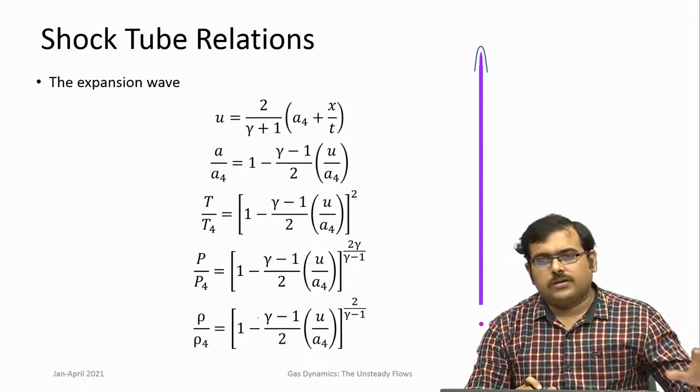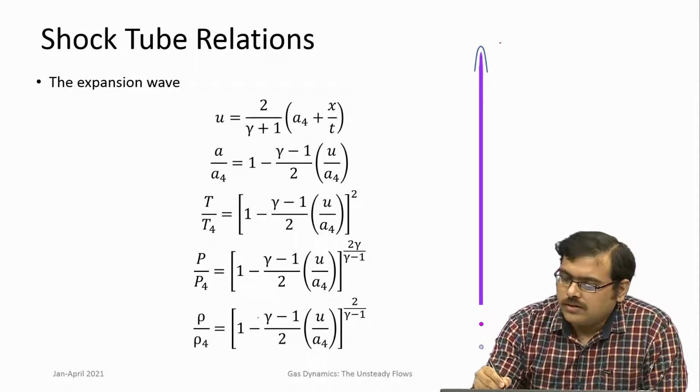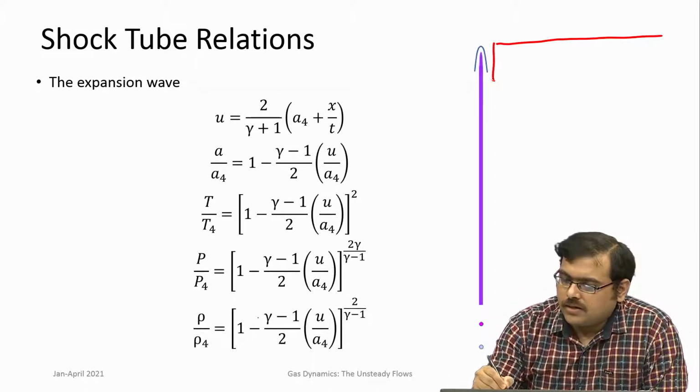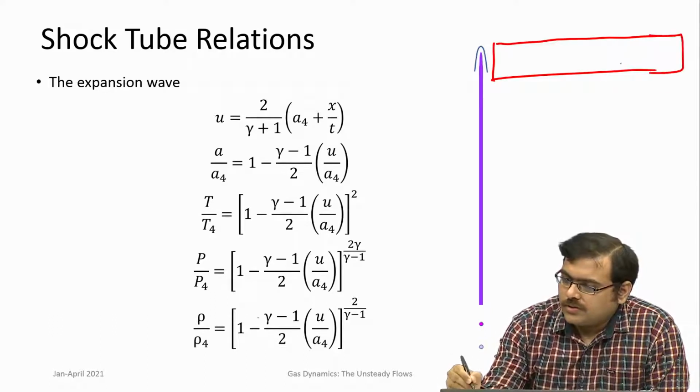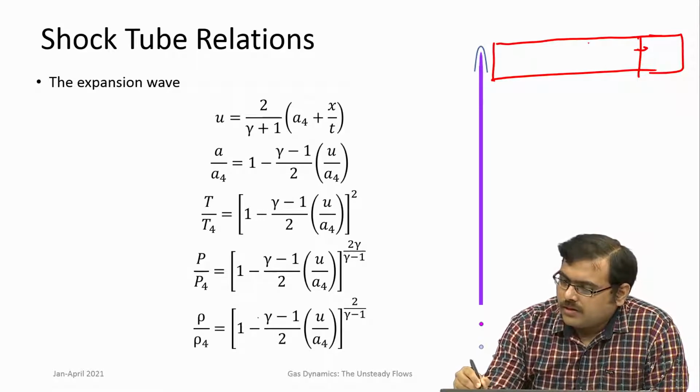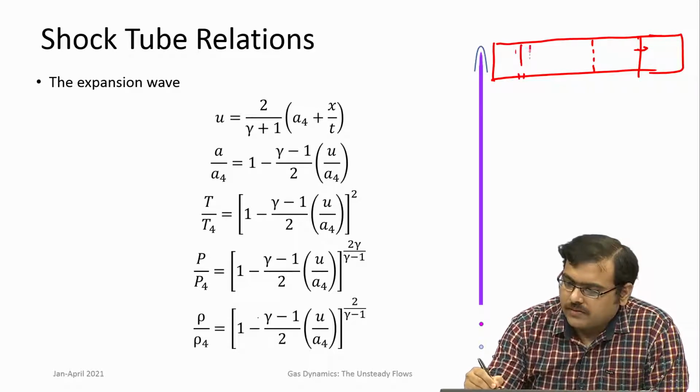So to put it together now, if you look at the entire shock tube, you have the equations for the shock wave, you have the equations for the contact surface. Now we have the equations for the expansion fans which come here. Okay.